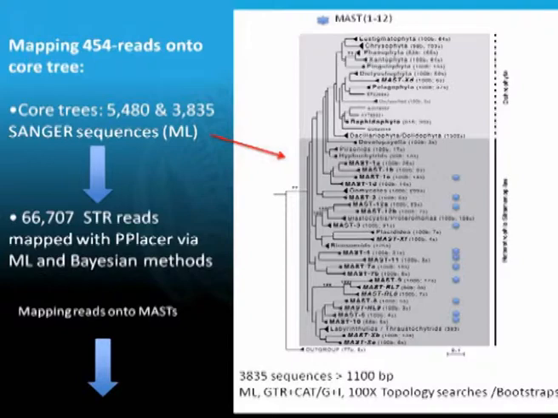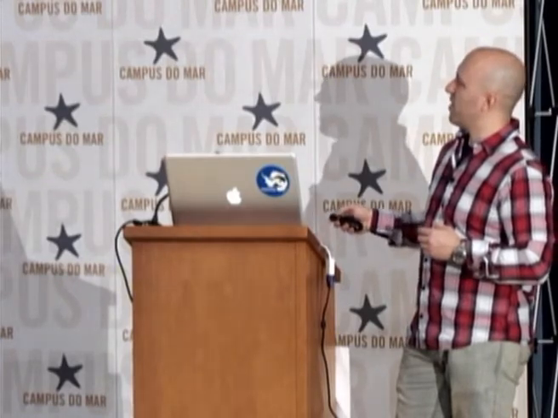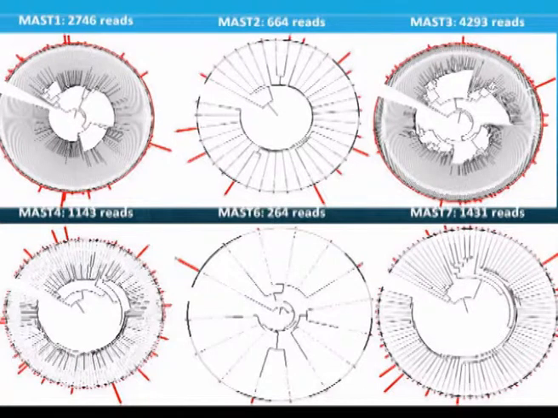Then we took out each of these MAST groups. This is a tree built based on longer sequences, and then we map all the reads to those trees with a program called pplacer. So it's a good, quick approach to see where in your well-defined phylogeny your reads are falling.